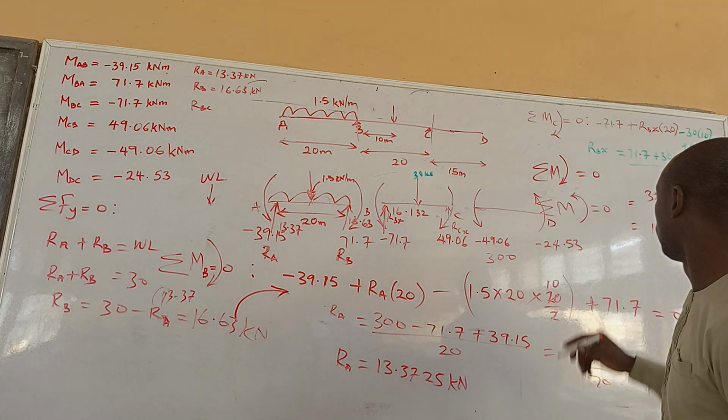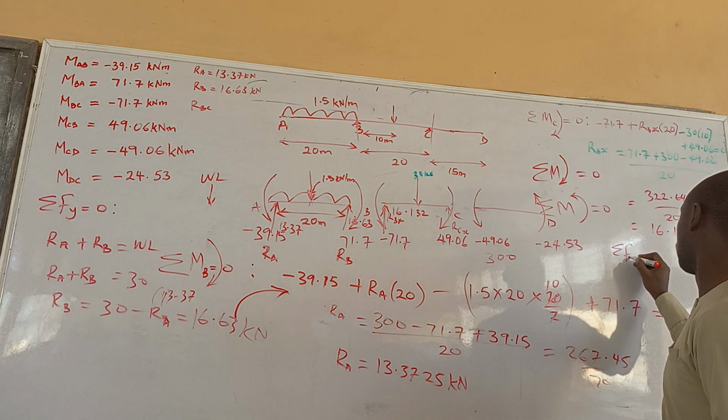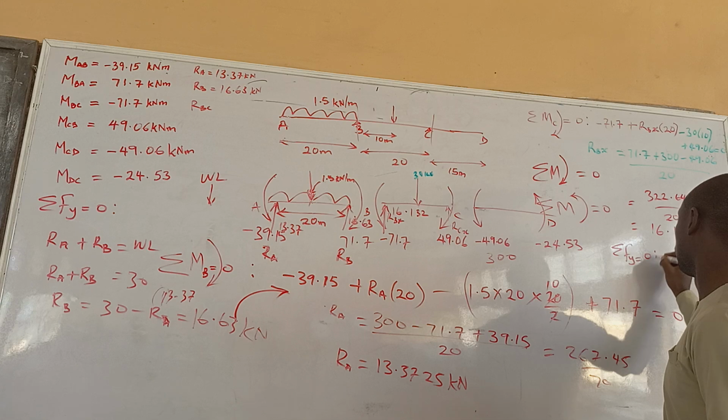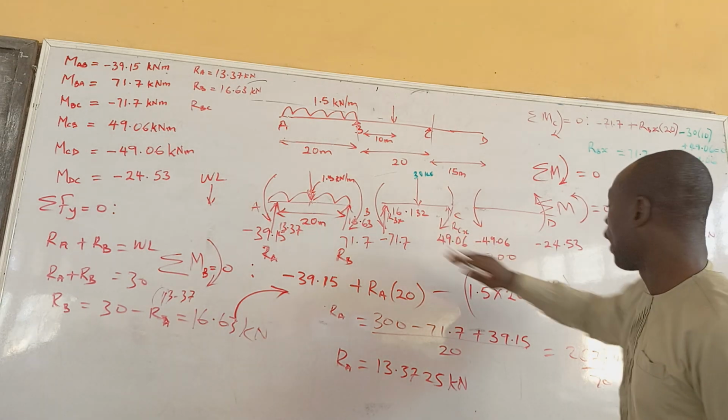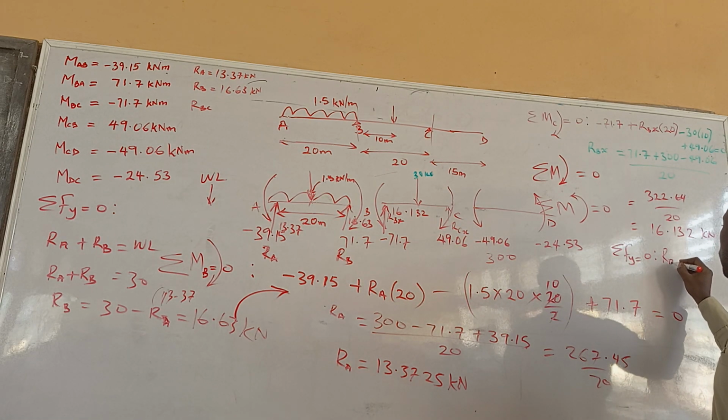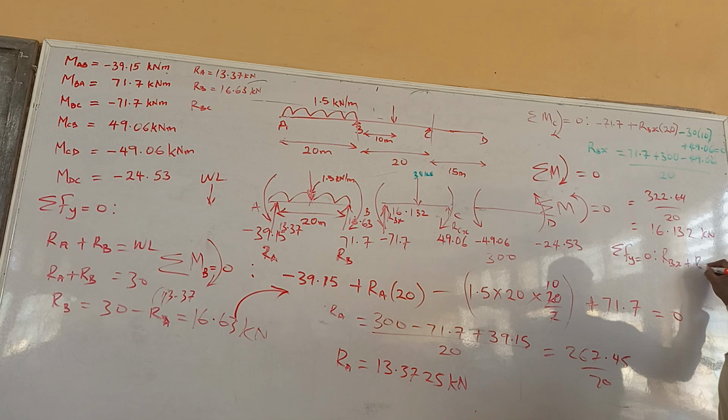Let the summation of forces along the y-axis be equal to 0. So RBS plus RCS will be equal to what? We have W, right? Which is equal to 30 here. So I can put 30 here.